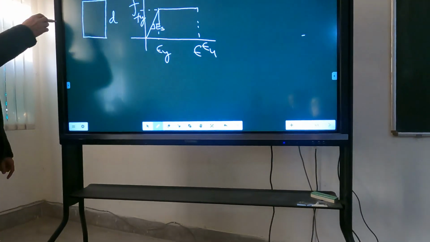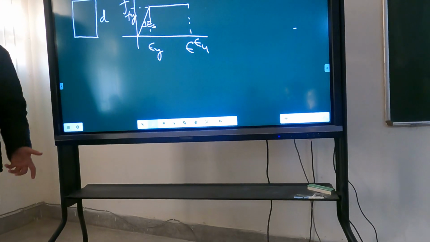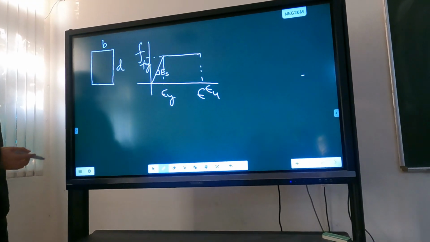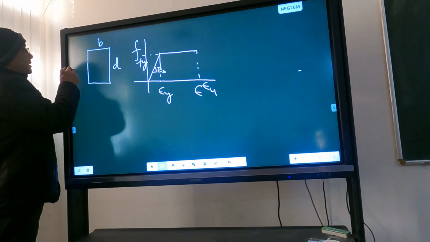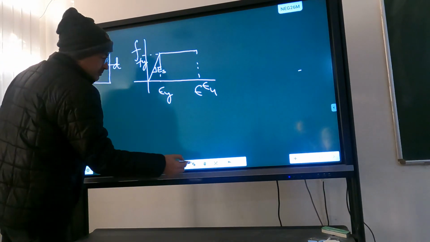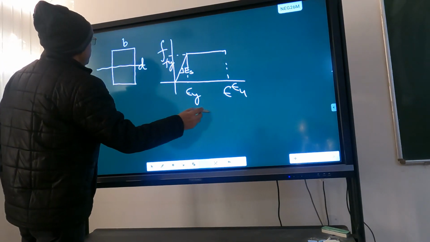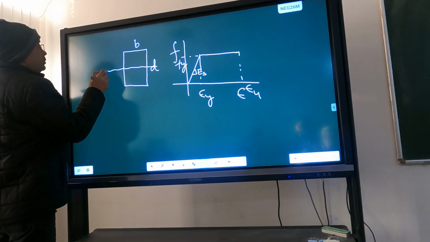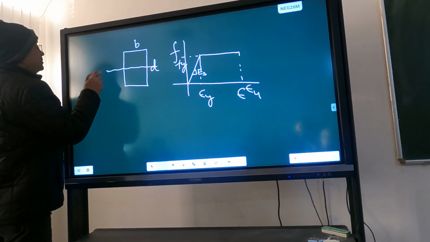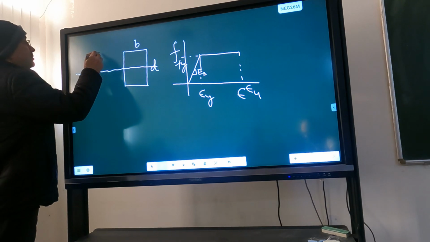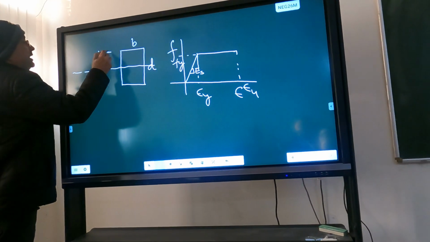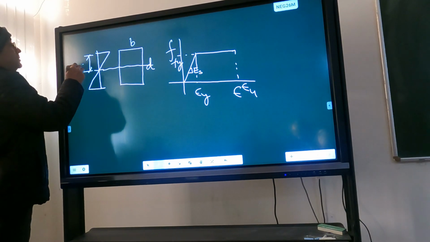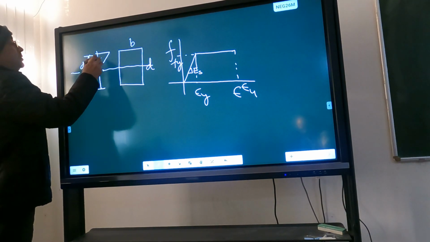Okay, let us say this section is subjected to moment, pure moment, no axial force, only moment. Then what will be the strain distribution? In this case, because it is symmetric, and the stress strain curve is also same in compression and tension, I can guess that the neutral axis will be at d by 2.